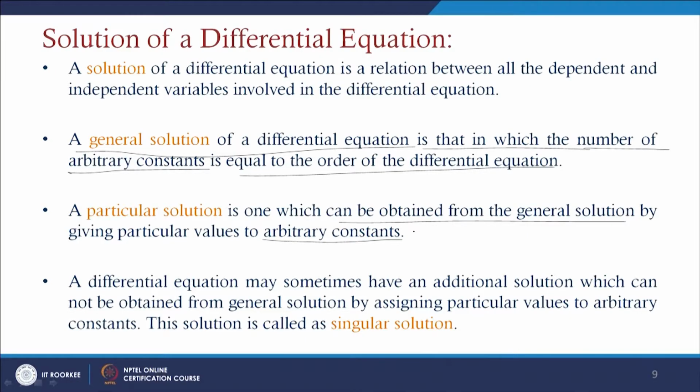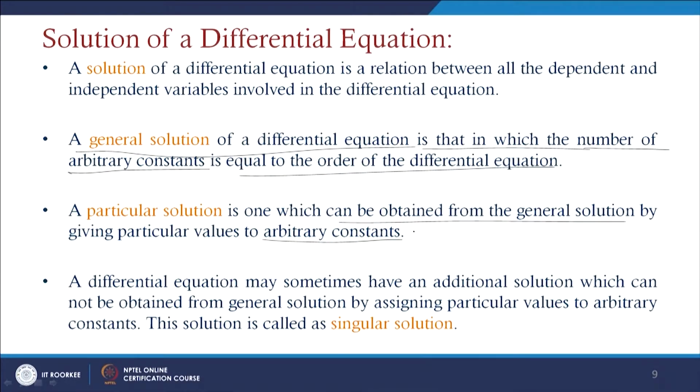Further, a differential equation may sometimes have an additional solution which cannot be obtained from the general solution by assigning particular values to the arbitrary constants. This solution is called a singular solution. Sometimes you can find regular solutions or singular solutions.